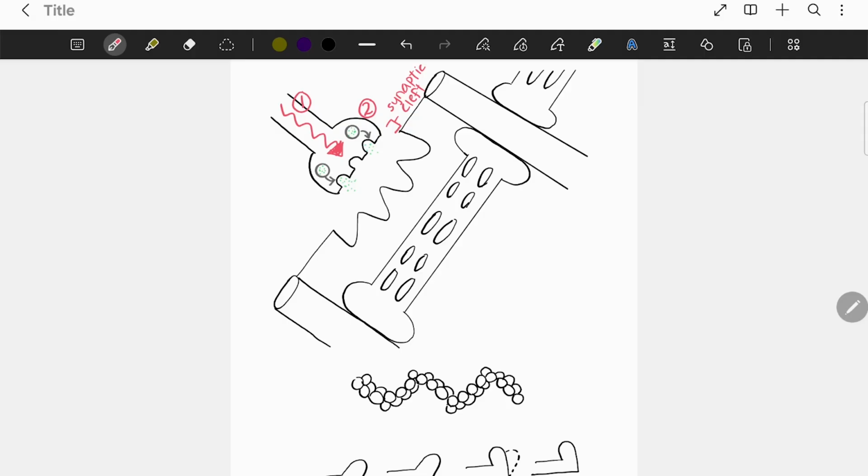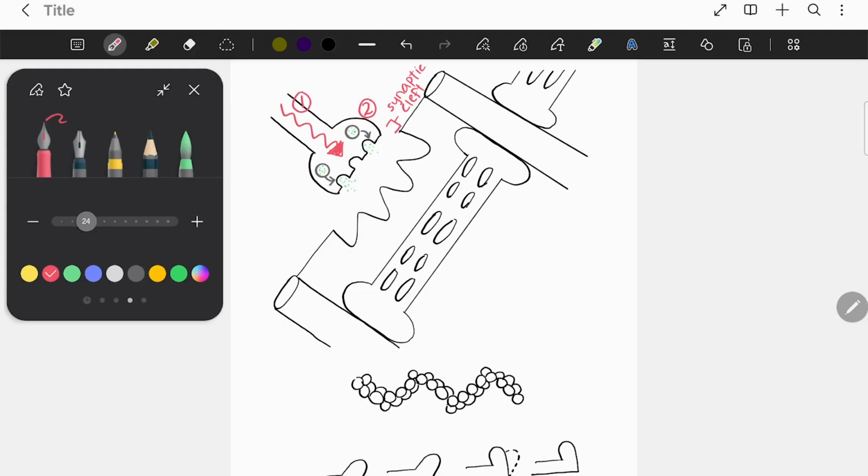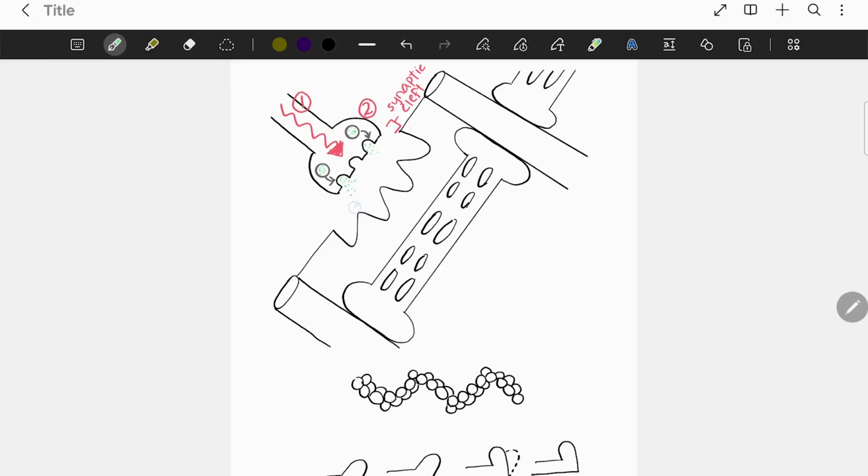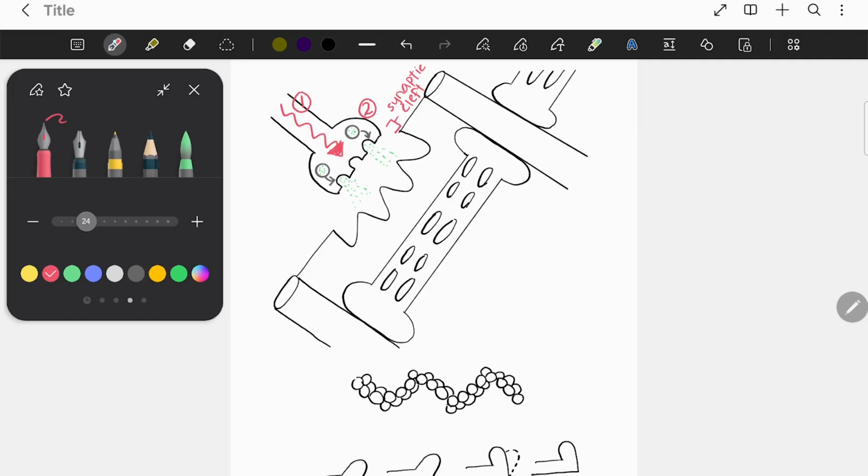So now the acetylcholine has to diffuse across the synaptic cleft, okay? So it's going from high to low. So we know it's higher where it got released, and so it's going from high to low. And when it diffuses across, it's going to bind to receptors that are on the motor end plate.